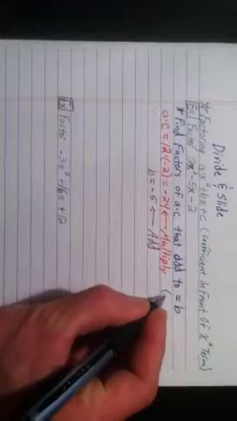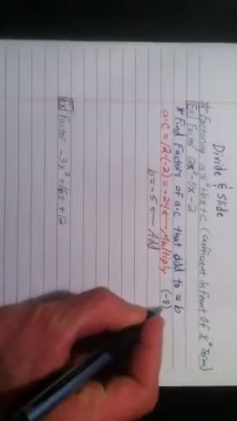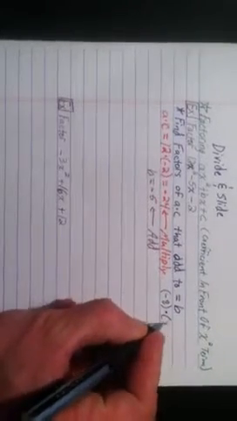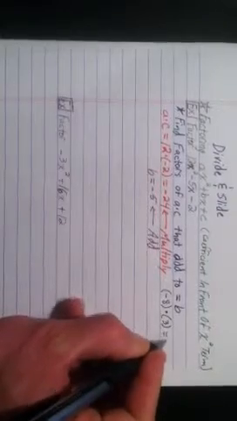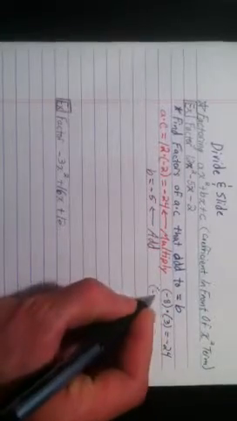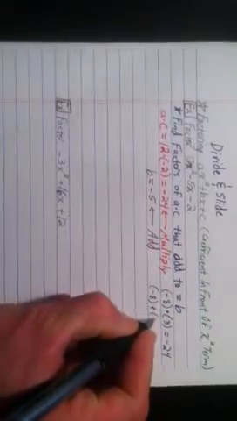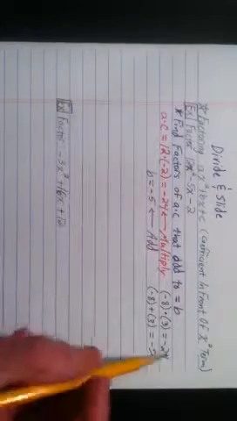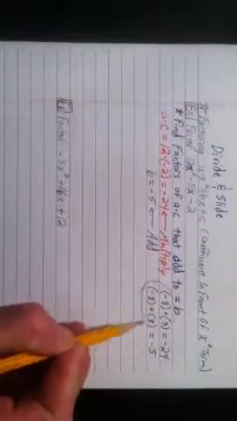Those two numbers are going to be negative 8 and a positive 3. Multiplying them, we get negative 24, and adding them, we get the negative 5 we want. So once again, the two numbers that are important to take away from this are the negative 8 and the positive 3.